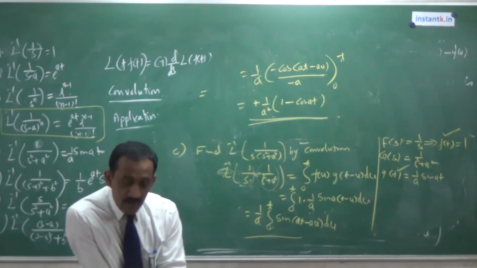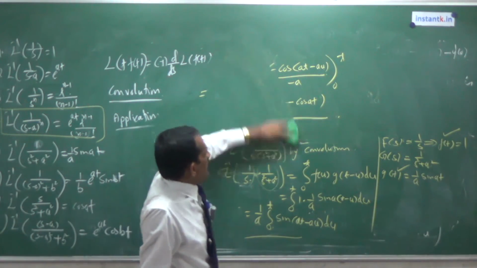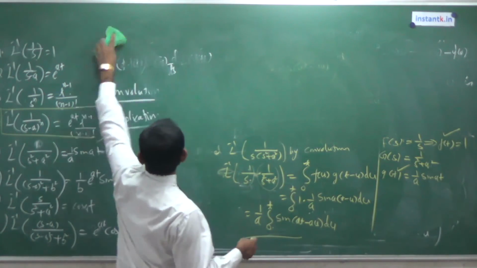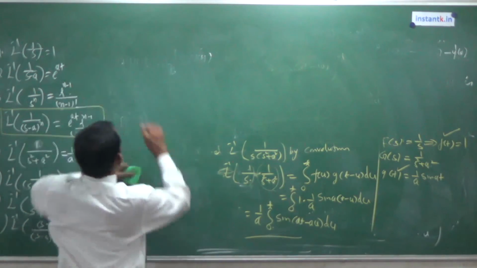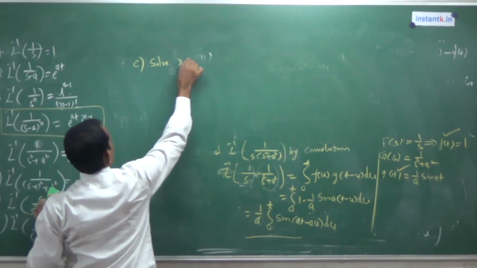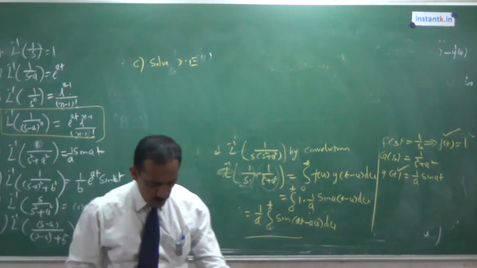The next question will always be from the application of Laplace transform to solve a differential equation. Always asked. So the last question is: solve the differential equation by Laplace transform technique.